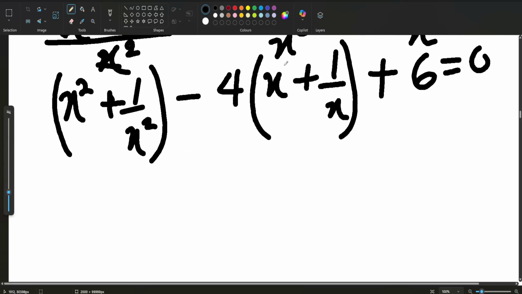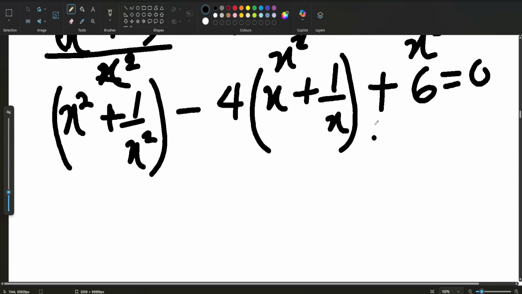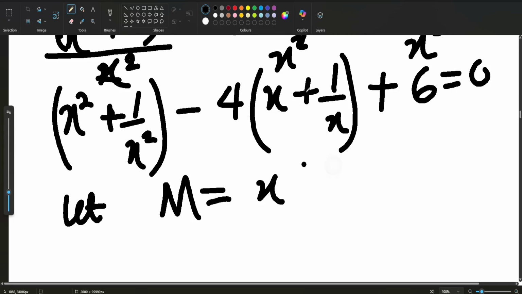Now we can relate this to something we can substitute. We can use the substitution method to solve this. So we will say let m, for instance, equal x plus 1 over x.